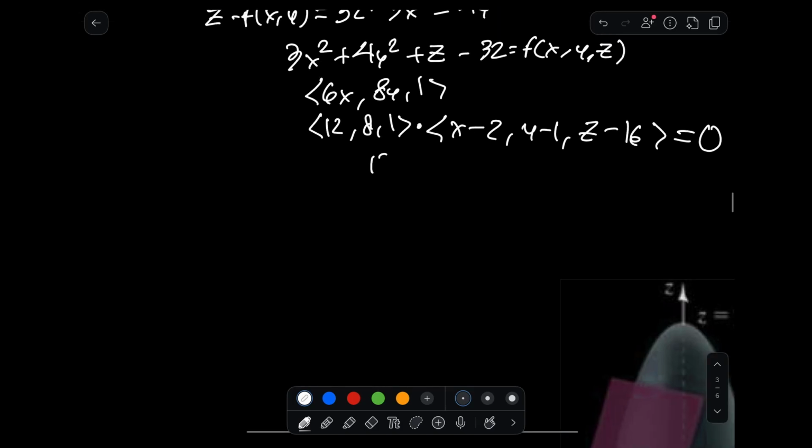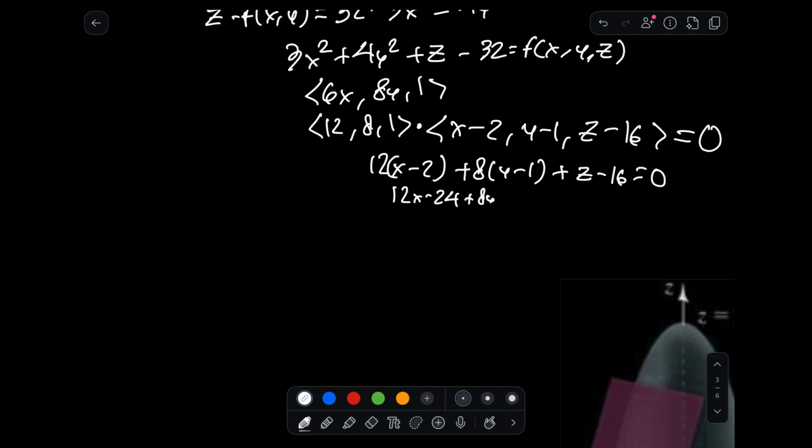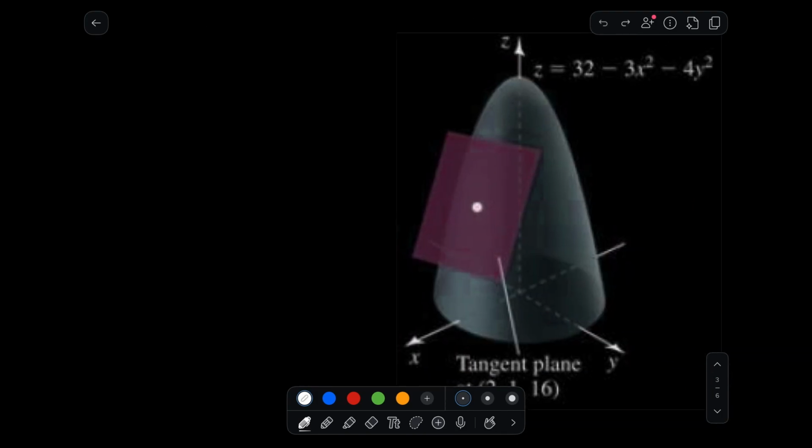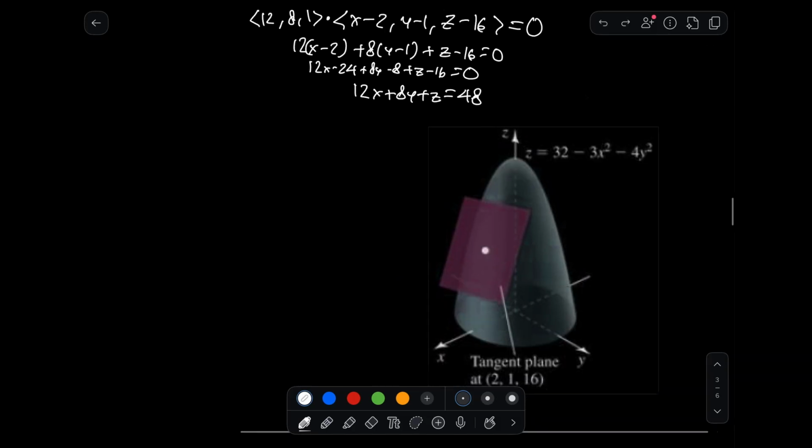So then we're going to get 12 times (x minus 2) plus 8 times (y minus 1) plus (z minus 16) equals 0. 12x minus 24 plus 8y minus 8 plus z minus 16 equals 0. So 24, 8, that's 32, it's 48. So 12x plus 8y plus z equals 48. And this is the tangent plane in purple right here, mapped onto this blue paraboloid right here.